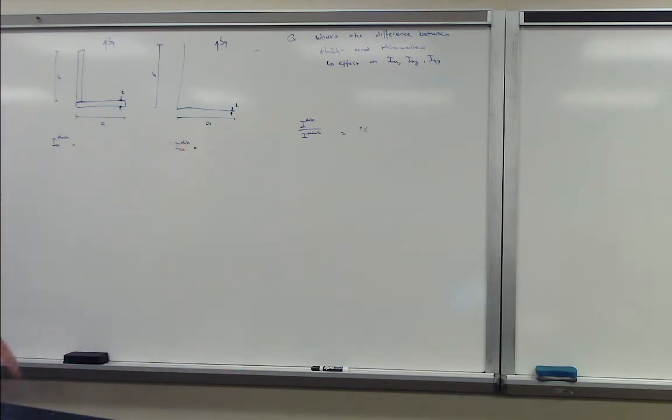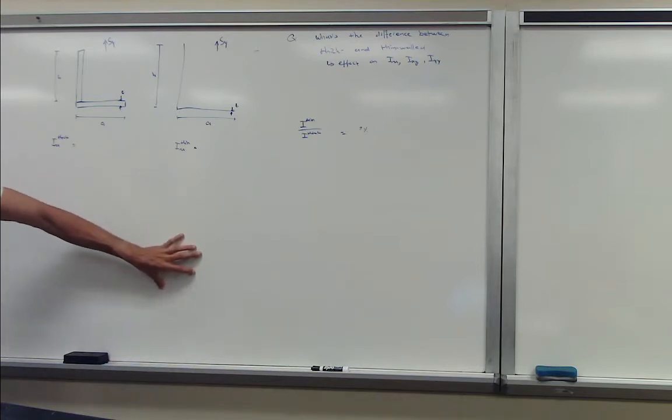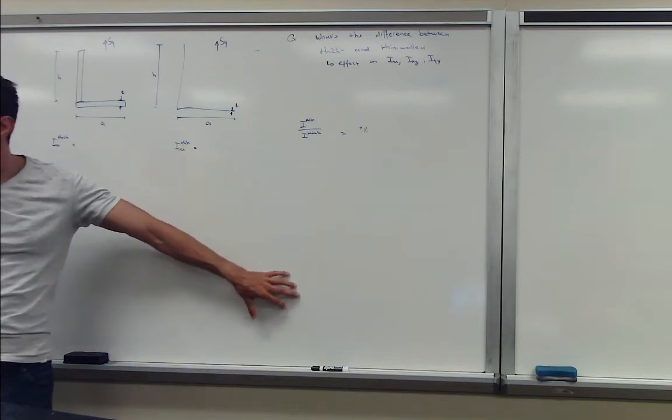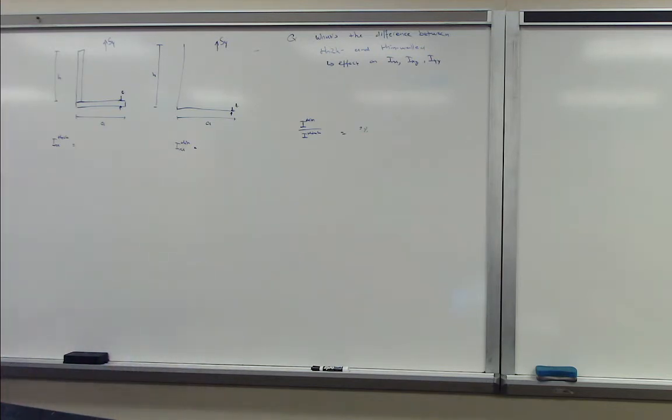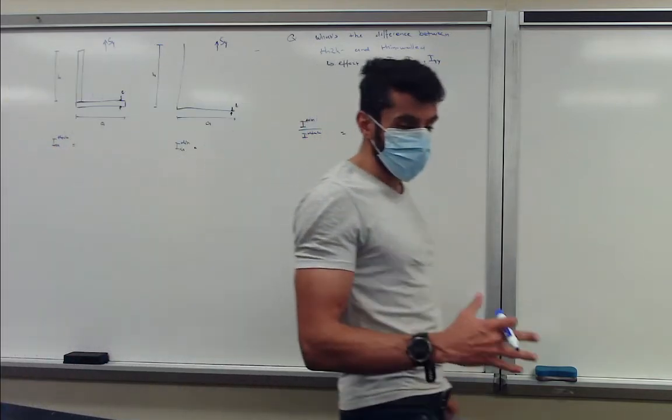So I'll give you guys like 5 minutes to just start off. I'll just start off with the thick one, do the IXX thick, IYY thick, and IXY thick, and then we do together the thin wall, and we look at the percentage differences of these three. So guys, just 3 minutes at start, and then we will start.